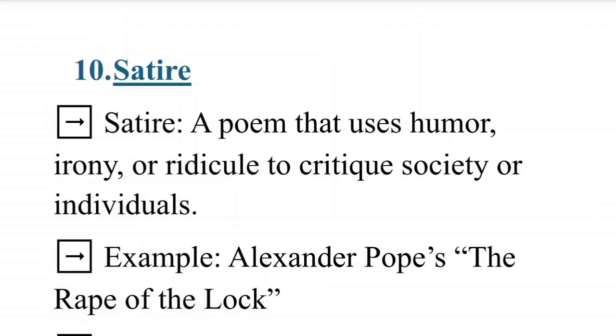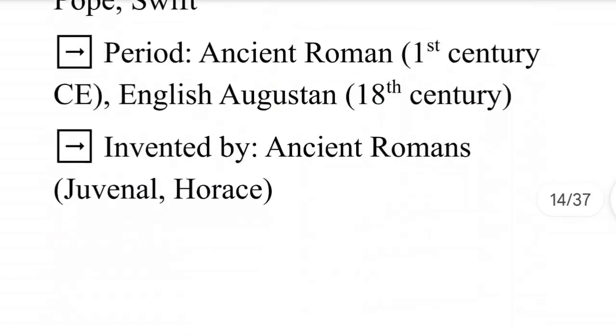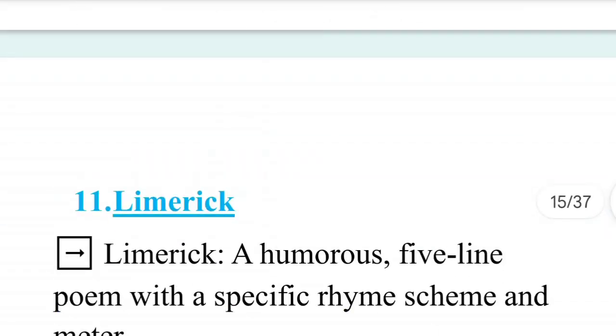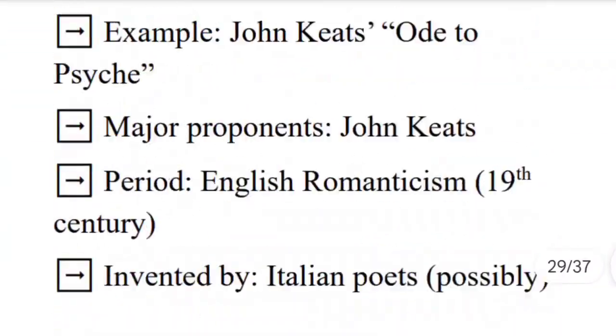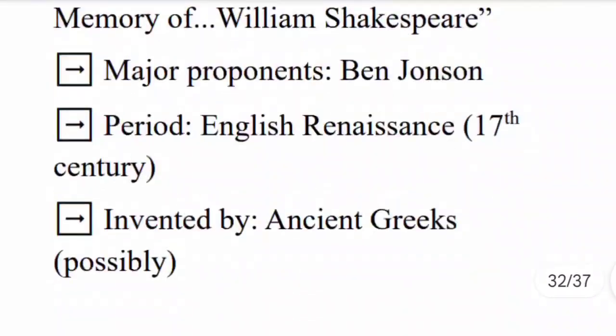In our next video we are going to discuss the remaining types and forms of poetry. We are going to start with limerick, and it is going to end with the last type, that is masque.